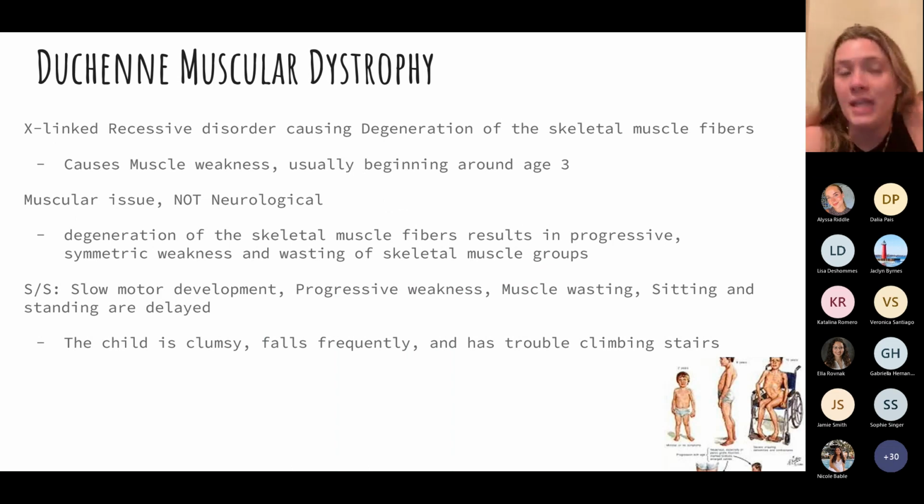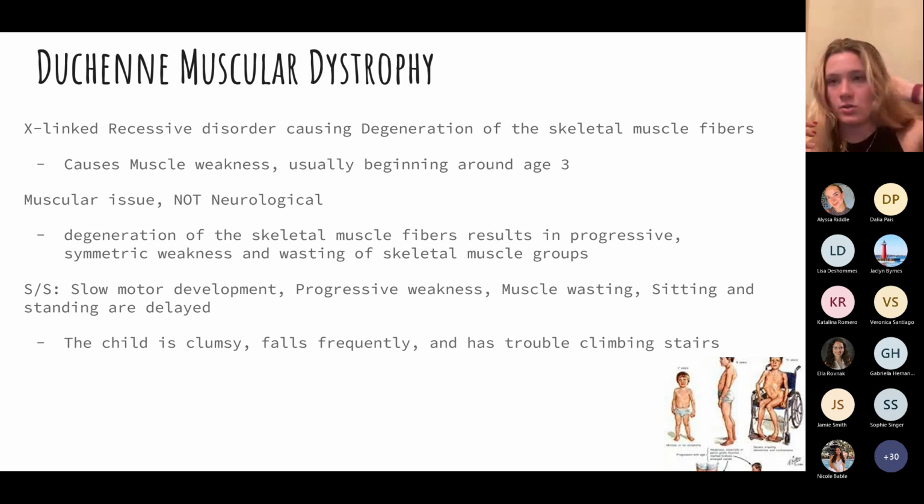We talk about Duchenne muscular dystrophy, same concept, except Duchenne's is caused by an X-linked recessive disorder, and usually symptoms will start at age 3. Again, this is not a neurological issue, just a muscular issue, so they're not going to show any neurological deficits. Therefore, they should be treated with age-appropriate games to play. If you're caring for a 13-year-old, maybe give them a video game or a computer game, because again, it's not a neurological issue.